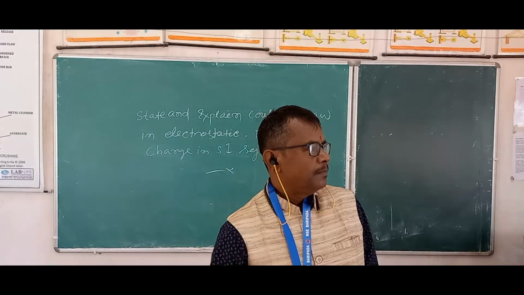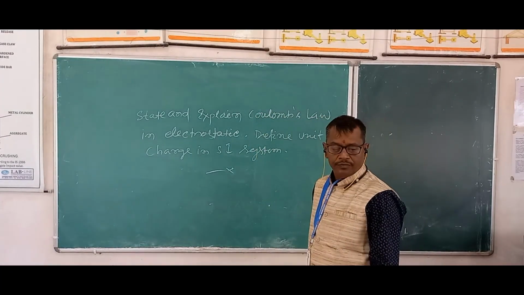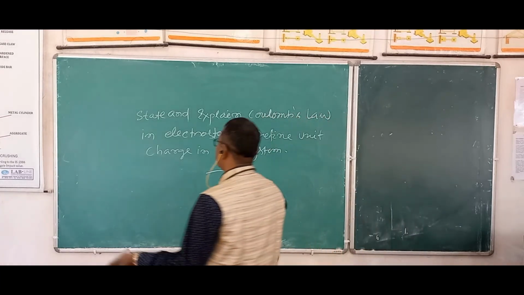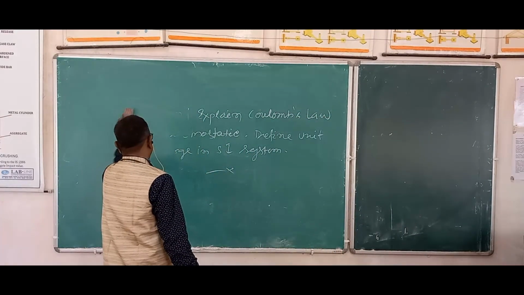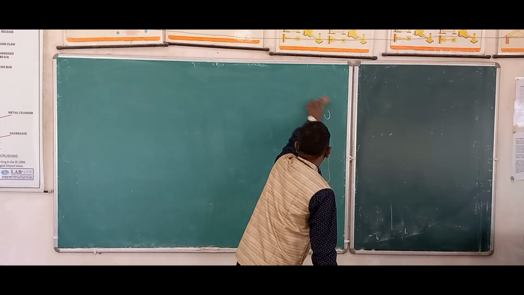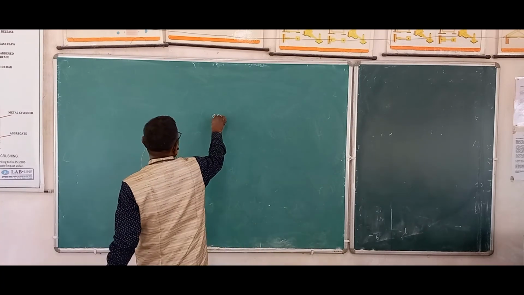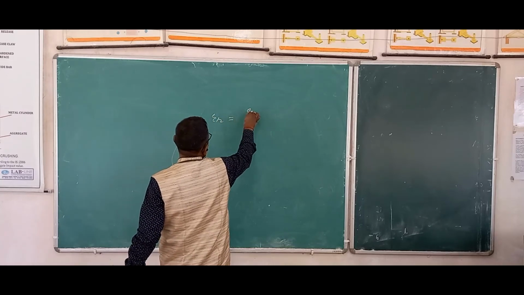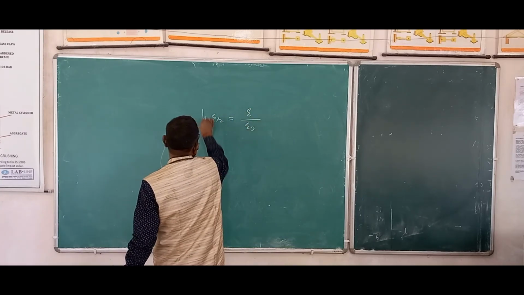Then the definition of electric permittivity. Definition of relative permittivity: epsilon R is equal to epsilon by epsilon 0.